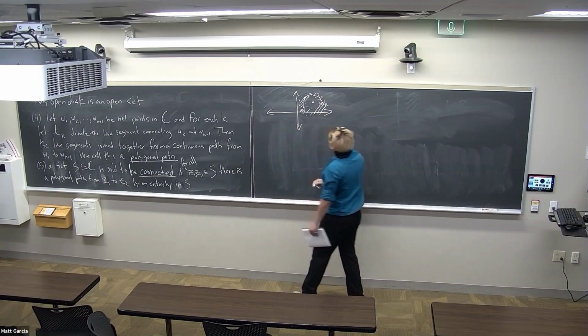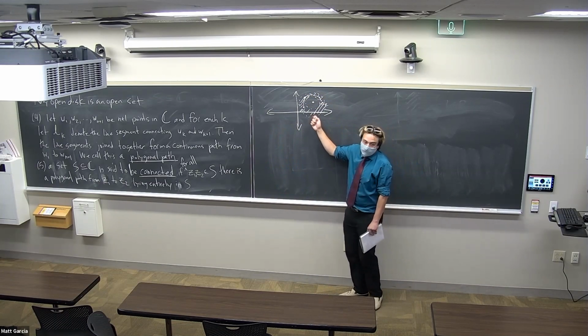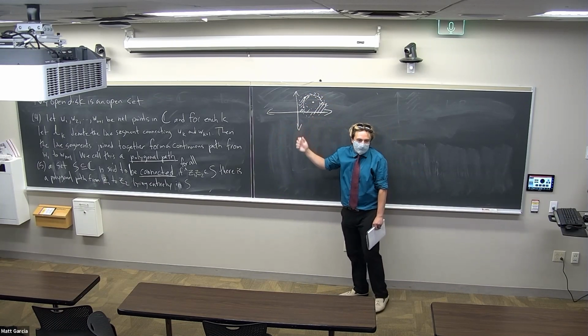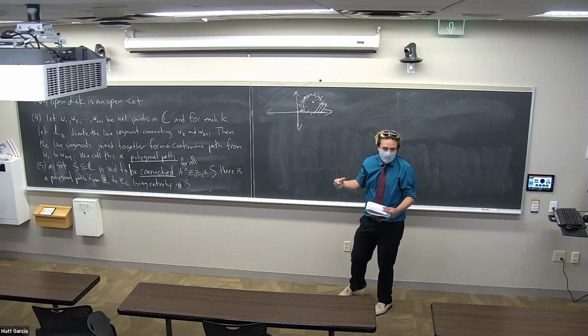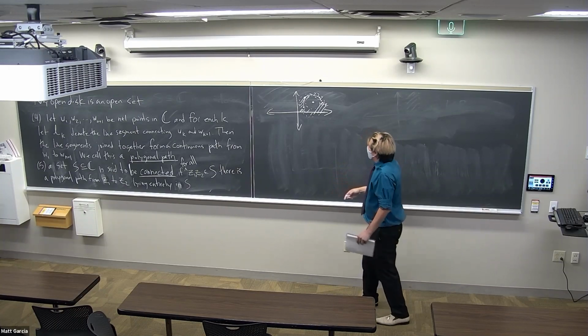So we can get to Z2 and stay inside S. So this is also connected. Intuitively, what this means is one piece, right? So, connected.